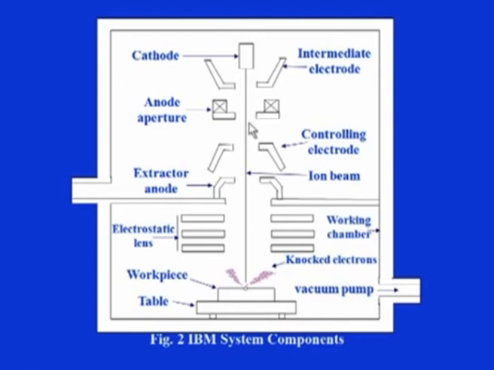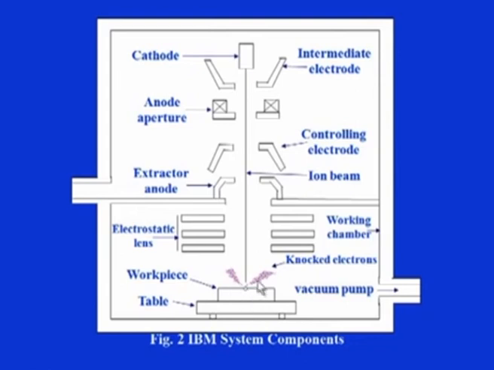However, there will be controlling electrodes which will guide these speeding electrons towards the workpiece, and these will hit the workpiece at a particular point, in which instead of a heating mechanism, the atoms will be removed or ejected because of the bombardment of the atoms or ions on this workpiece.